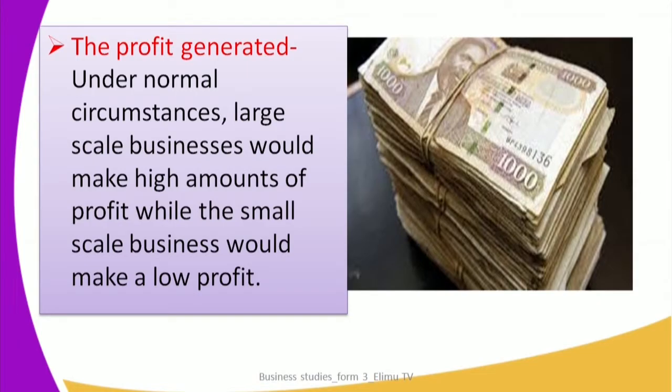Let's say maybe we have Firm A and Firm B. Firm A generating a profit of 10 million and Firm B generating a profit of 500,000. So Firm A will be said to be big because it's generating a huge amount of profit, and Firm B will be said to be small. So a firm that generates more profit is said to be a large firm.